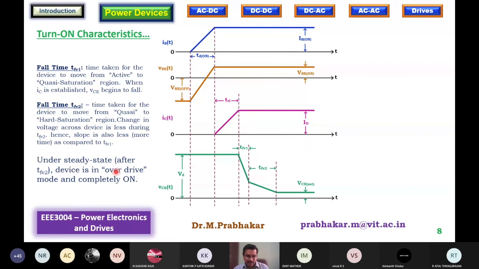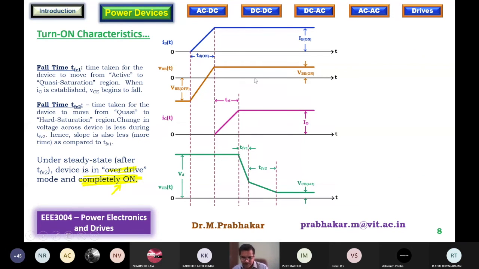The device is in overdrive mode and it is completely on. Please understand this. The device is completely on when the BJT is in hard saturation, in overdrive mode.